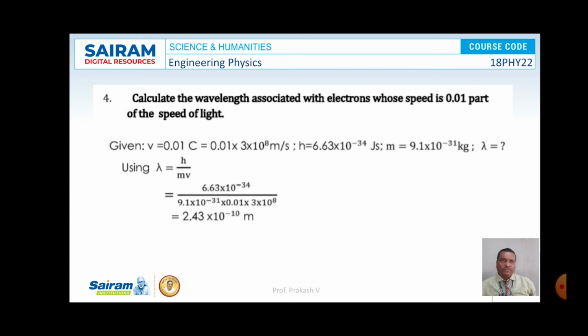Using the formula lambda is equal to h by mv, lambda is equal to 6.63 into 10 to the power of minus 34 divided by 9.1 into 10 to the power of minus 31 into 0.01 into 3 into 10 to the power of 8. On simplification, the value of lambda is 2.43 into 10 to the power of minus 10 meter. So this is the solution for this problem.